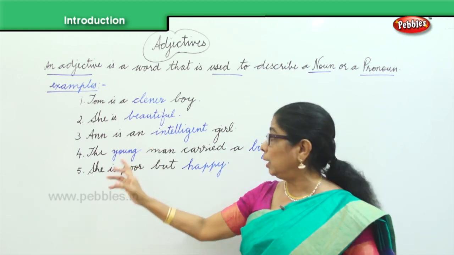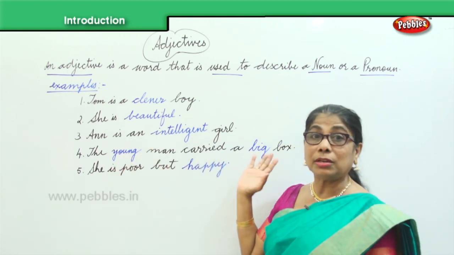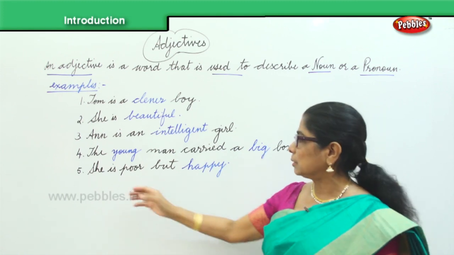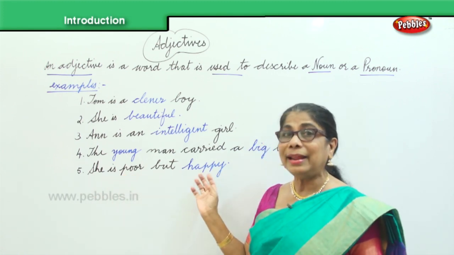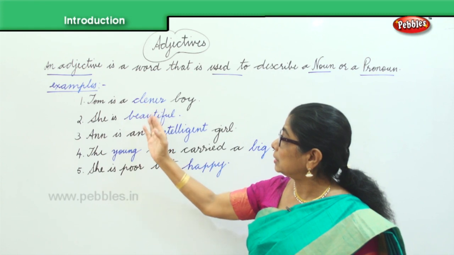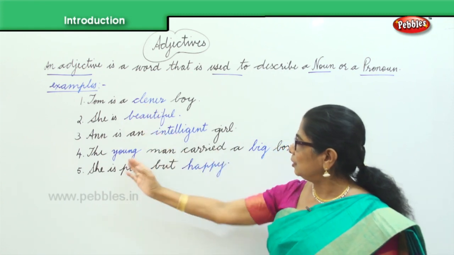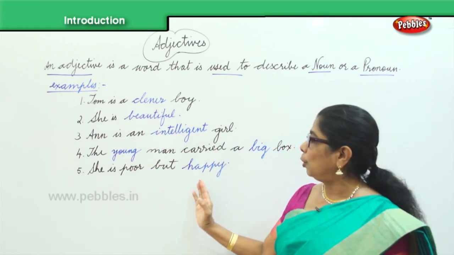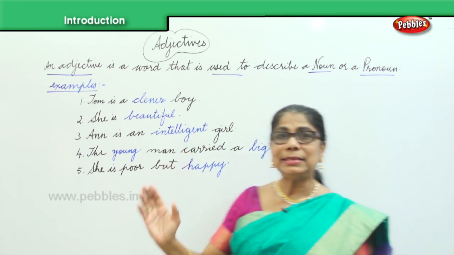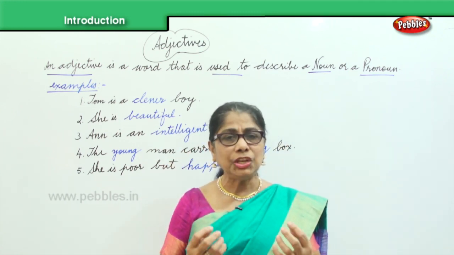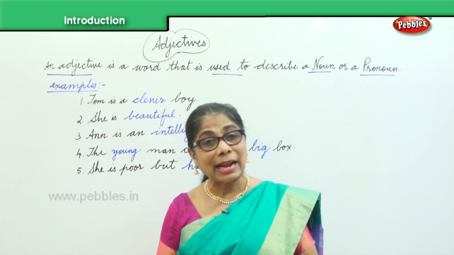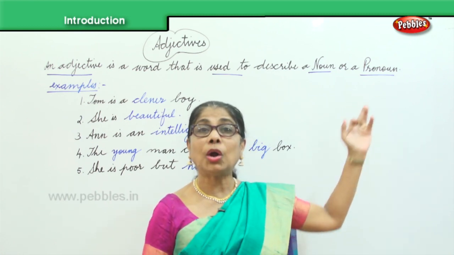The man is not old. Young man carried what? A box, a big box. Then she's poor but happy. So all the words clever, beautiful, intelligent, young, big, happy, all these are adjectives, and each of those words describes either a noun or a pronoun.